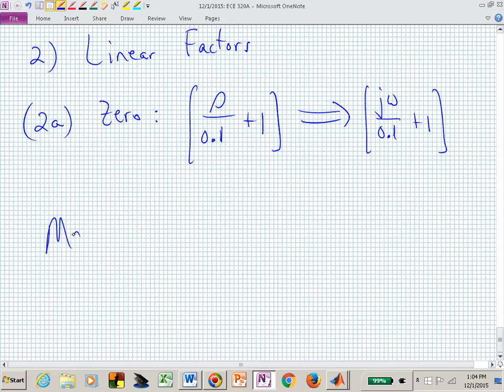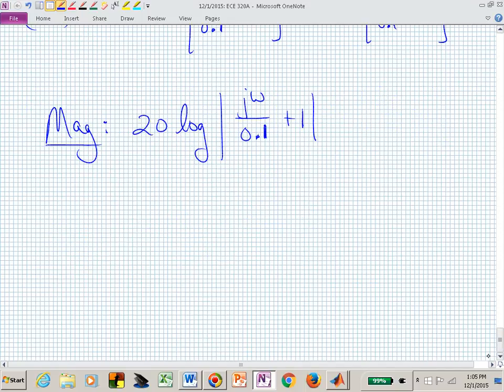But before we get to Goldilocks, let's look at the magnitude. That's now 20 times the log of that term's magnitude. And what did we say about this?